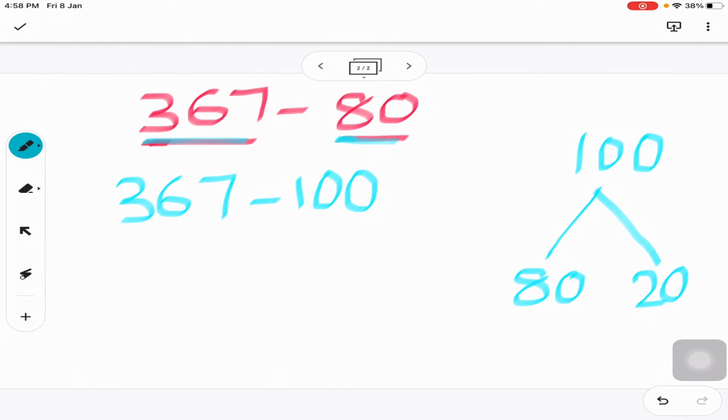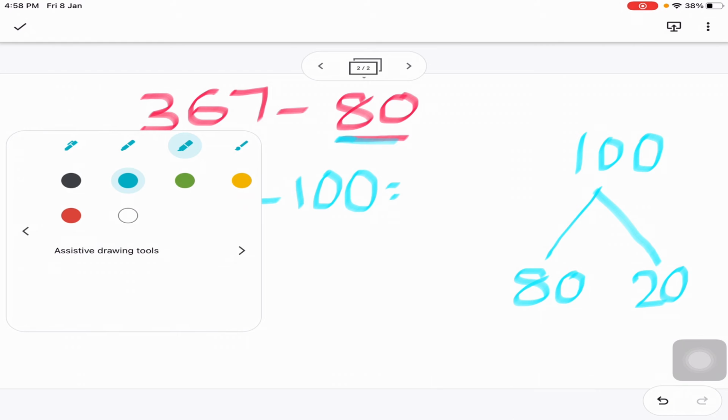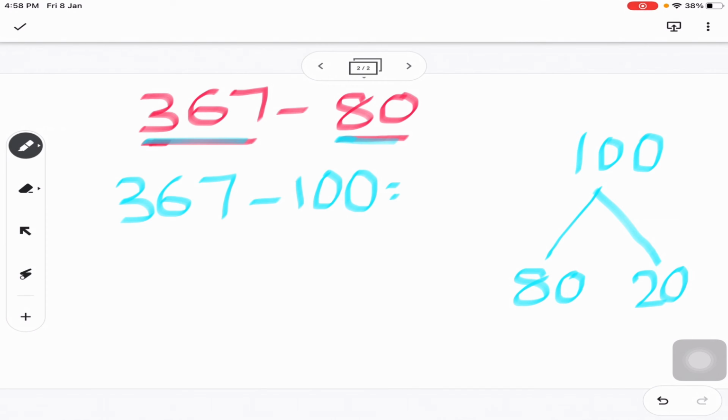So now our job becomes easy. Like 7 minus 0, I changed my color so that you people can see it well. 7 minus 0 is, good job, 7. 6 minus 0 is 6. And 3 minus 1 is, well done, 2. So we end up with 267.